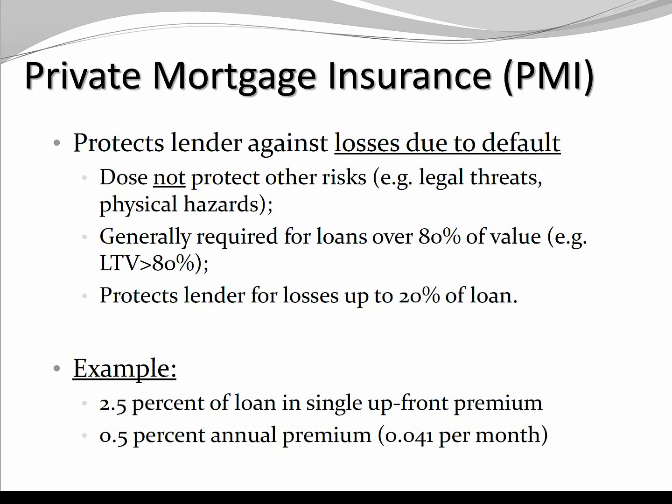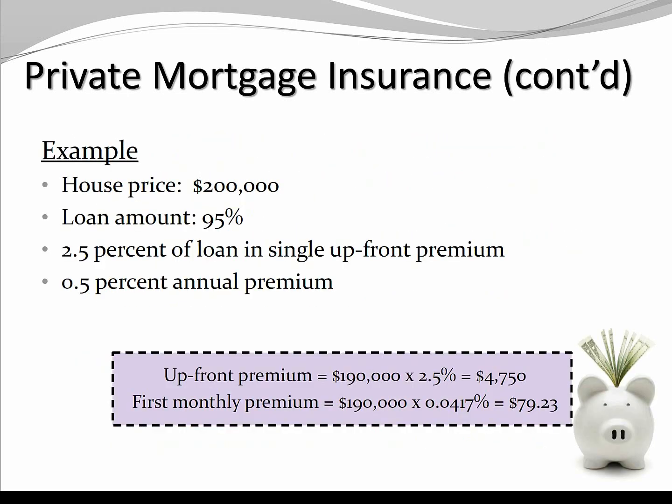Now let's look at an example. Say a private mortgage insurance asks for 2.5% of the loan as a single upfront premium and a 0.5% annual premium, which is 0.0417% every month. Assuming a house is sold at $200,000, the loan amount is 95%.